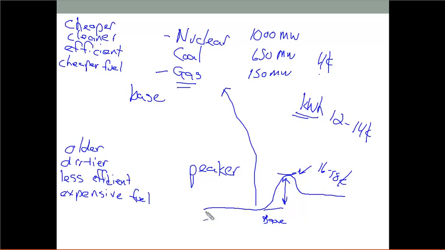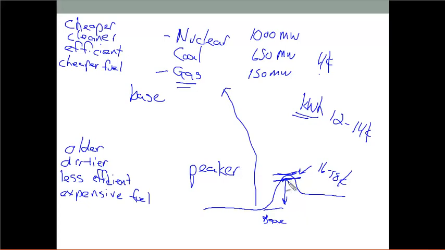But the main point I'm trying to make here is that these peaks in the afternoon, or in the morning, just depending on summer or winter, but these peaks are always provided by more expensive power, right?